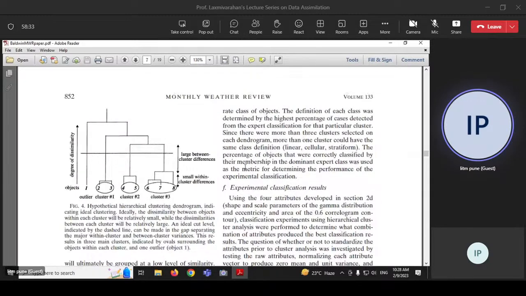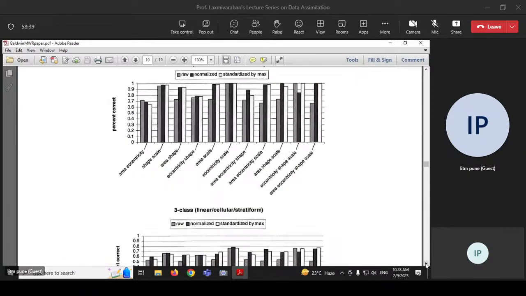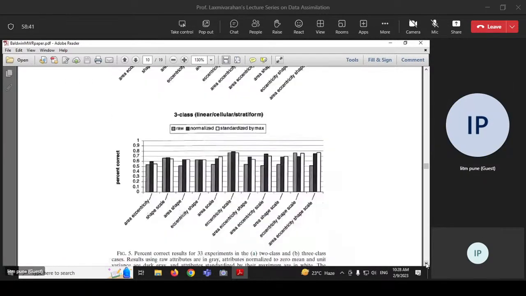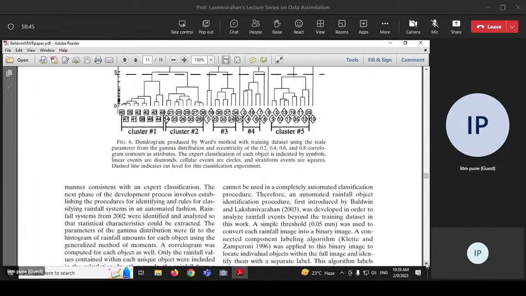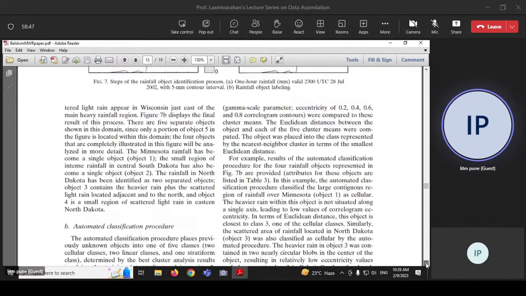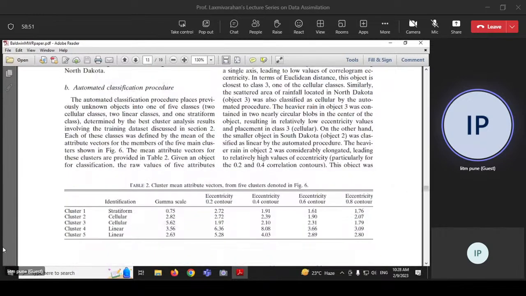You can see the tree structure. This is the comparison. You can see the cluster. Again, we wanted to talk about an automated classification procedure. So stratiform, cellular, linear. Linear is a line. Cellular means strong, intense thunderstorms.